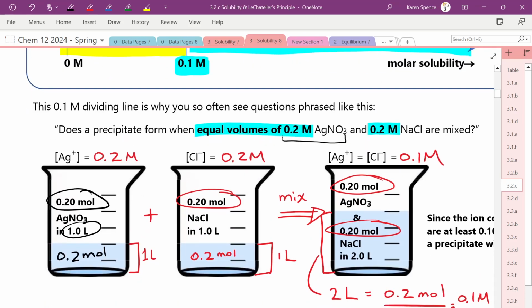Now, what did we find here? We got a concentration of 0.1 molar. And where is the dividing line for solubility, for soluble or insoluble, at 0.1 molar? That's why you'll often see those concentrations listed. If you see those concentrations listed, it means use the table on page 4.